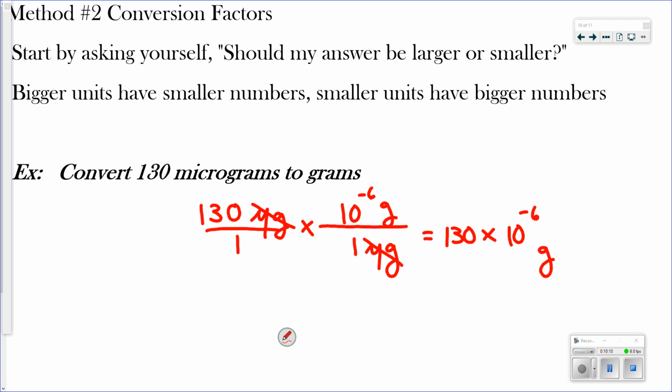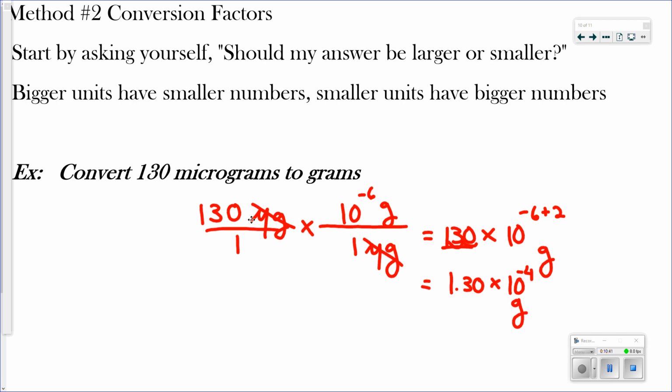This is not appropriate scientific notation because I want this number here to be between 1 and 9.9. So I move this decimal 2 places over to the left. And when I do that, I add 2 to this exponent, and it turns to 1.30 times 10 to the negative 4th grams.